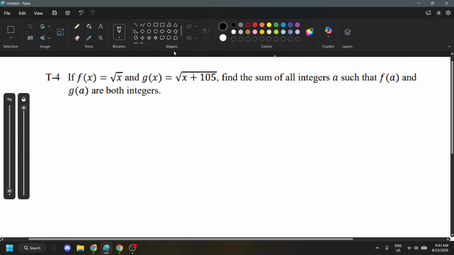So we know something about perfect squares: if we have perfect square x squared and perfect square x plus 1 squared, the difference between them is going to be an odd number.